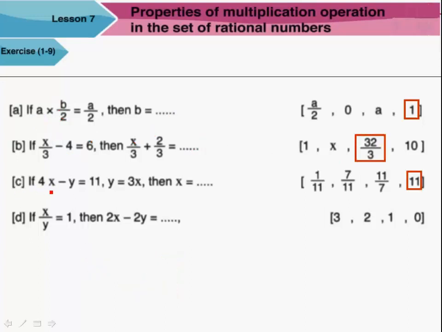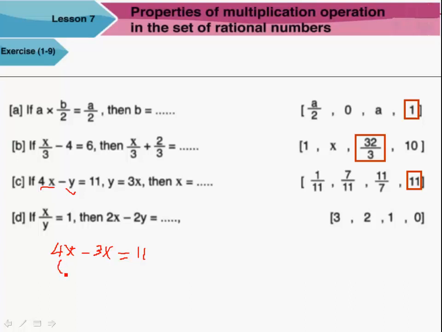Here we have 4x minus y is equal to 11. y is 3x, then x is what? Okay, y is equal to 3x. We can replace y here in this equation with 3x. So this will give 4x minus 3x is equal to 11. 4x minus 3x is 1x.